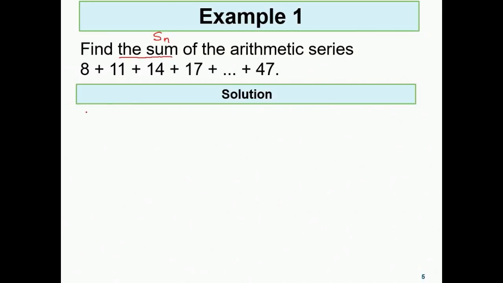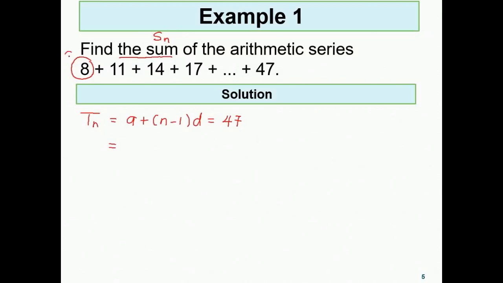So, using the formula from the previous lecture, Tn equals a plus (n minus 1)d, which equals 47. From the series given, a equals 8.